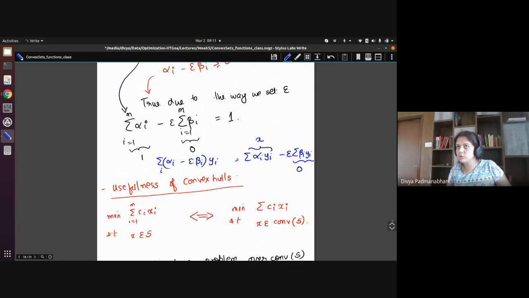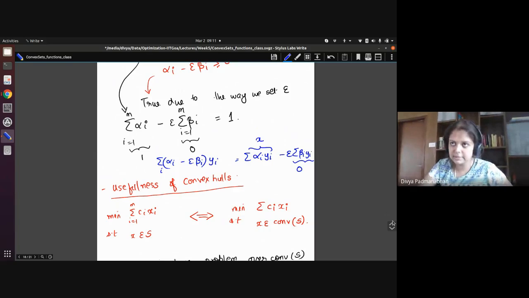What is the use of doing this with convex hulls? You represent the set as a convex set. Is there somewhere else that we can use it? What are the implications? One consequence of convex hulls is that if you have an optimization problem where the objective is linear, and the set S is not necessarily convex, but instead you take the convex hull of S and minimize the same linear function, these two are going to be equivalent.